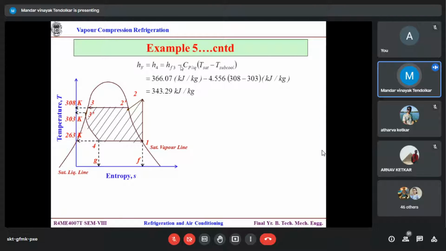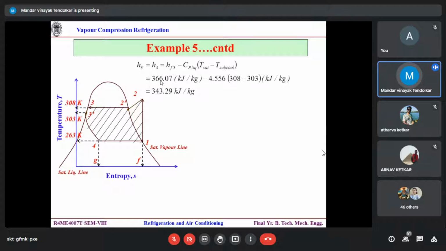Then what you get is at 303. This is not minus Cp. So this is my HF3. That means 308 minus Cp delta T times whatever is the product. So what you get is at 303. That is a subcooled enthalpy.